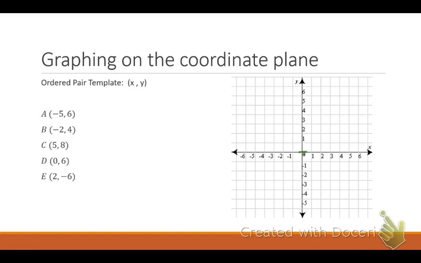So at the very middle where the x and y axis intersect, this point is called the origin. You need to write that down on your notes. Okay, so point 0, 0, which is where x and y intersect, is called the origin.